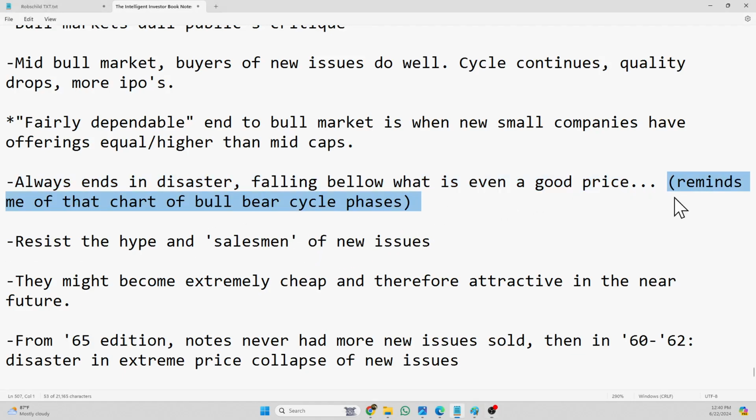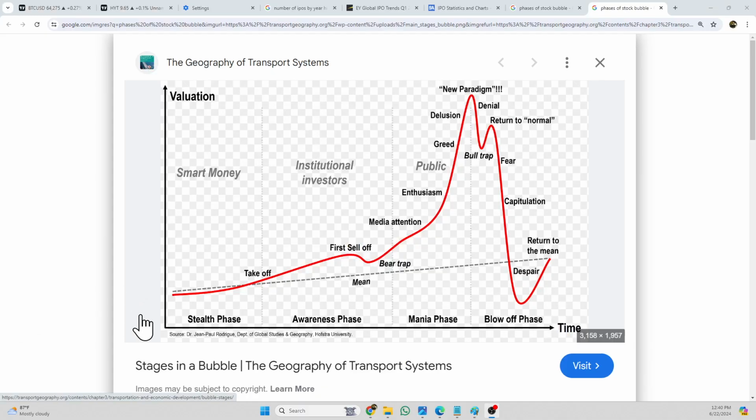And I noted here that it reminds me of that chart of the bull bear cycle phases. If you haven't seen it, it's right here. So basically, it just reminds me of when things dip, they go below what's even normal. So you have this being the mean, the average. Over time, it generally goes up, but you often have these sort of bubble valuations where you get media attention, enthusiasm, greed, delusion, new paradigm. Oh, and that's my favorite.